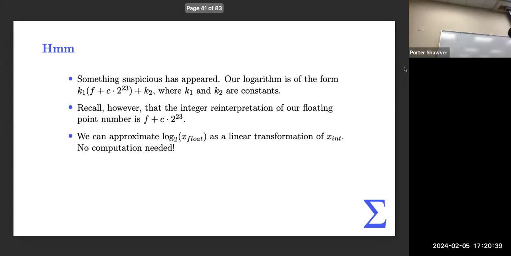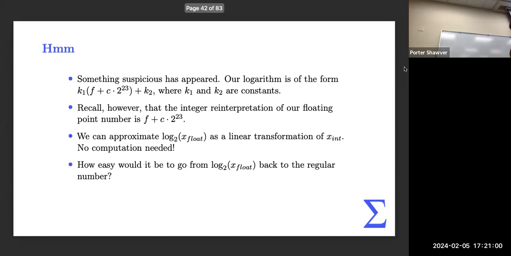Essentially, if you've got a float and you want to find its log, you could just reinterpret it as an integer and then do that linear transform. So basically for free, because we've done no division, no computation, we've just reinterpreted bits and done a multiplication and an addition or a subtraction, we get the log of a number.